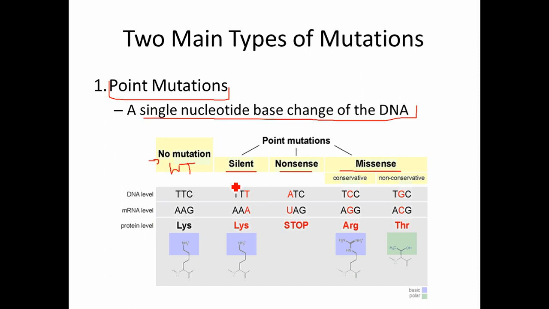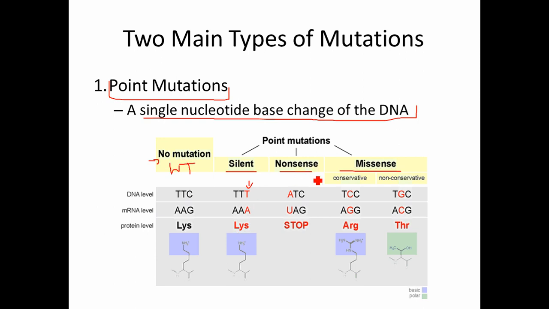With a silent mutation, like a change in the last letter from a C to a T, ultimately the amino acid that is coded for does not change. So it doesn't change anything about the protein, which is why it's called a silent mutation. You don't notice that a mutation has happened.